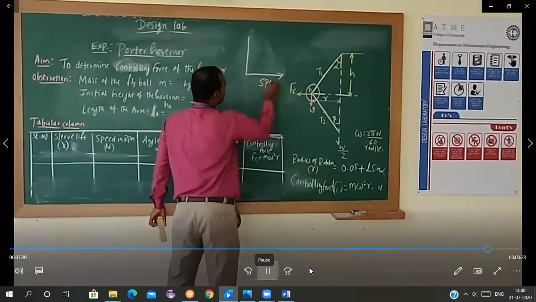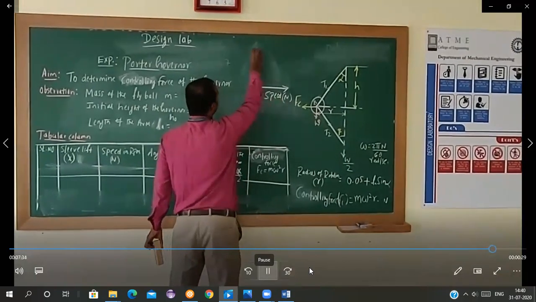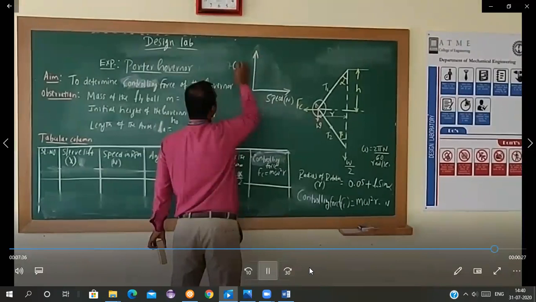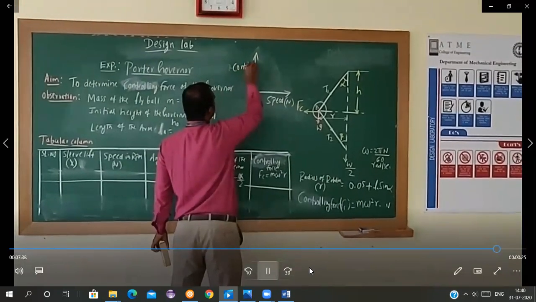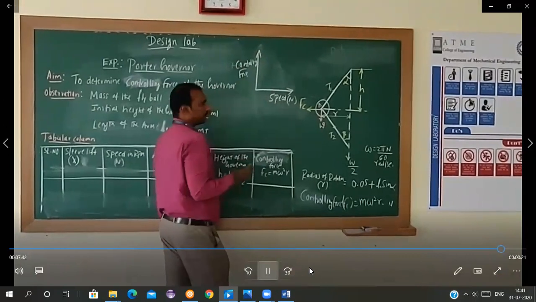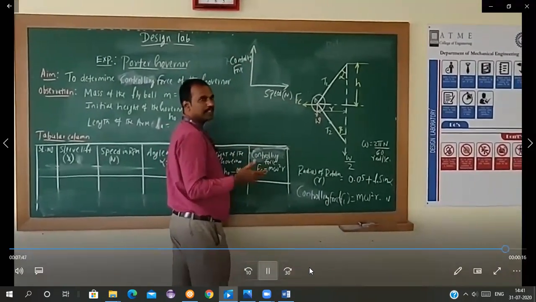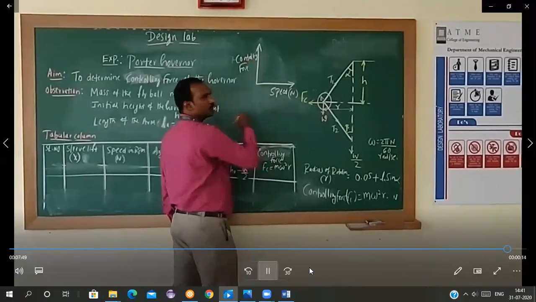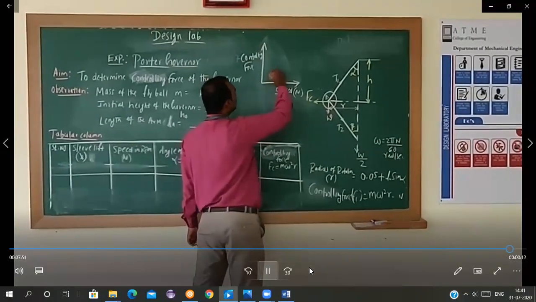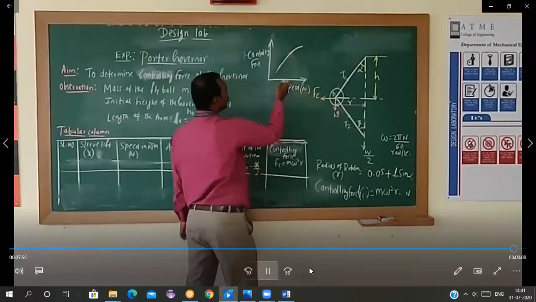See, speed versus the controlling force. Speed you can keep in RPM or radians per second, whatever it is, and the controlling force. Then you will get a graph which is drawn somewhat like this. As the speed is increasing, of course, the controlling force will increase.